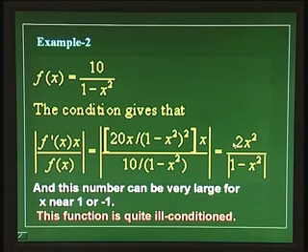That is good, well conditioned. But when x goes close to 1, the denominator goes almost to 0, and then the condition number is very large, and that is a very bad thing. So this is quite ill conditioned for values close to 1.